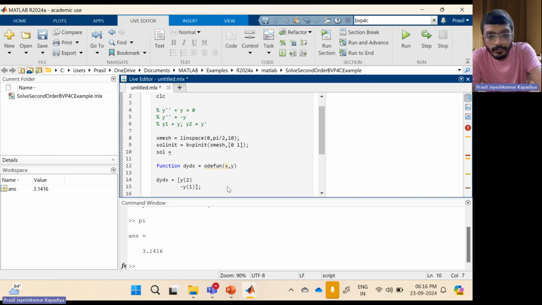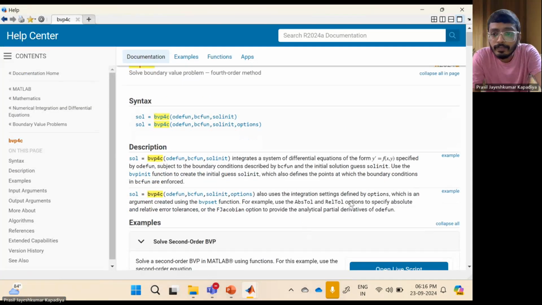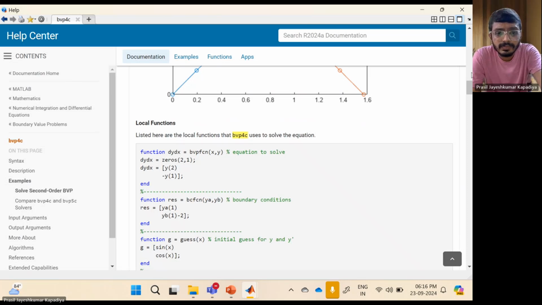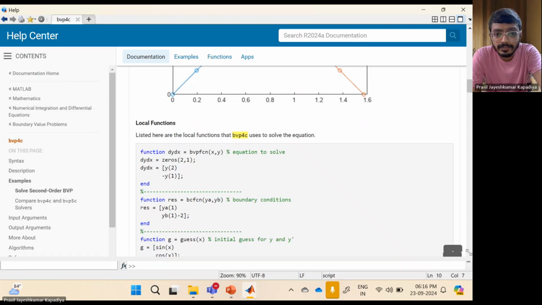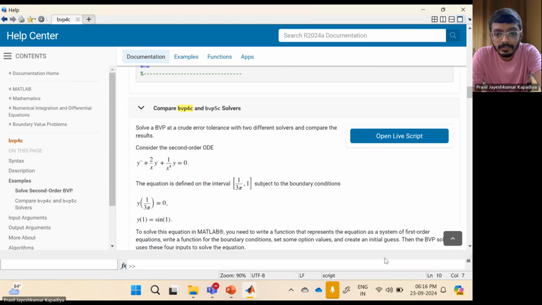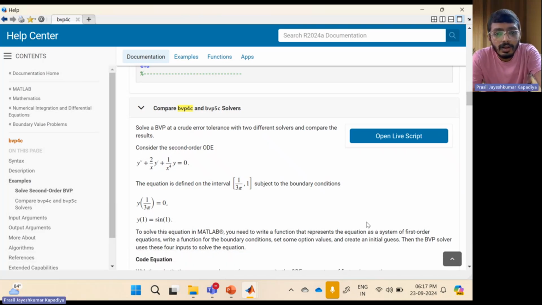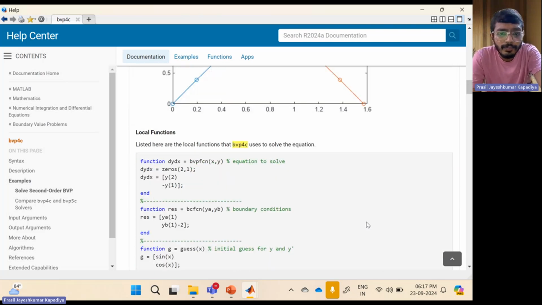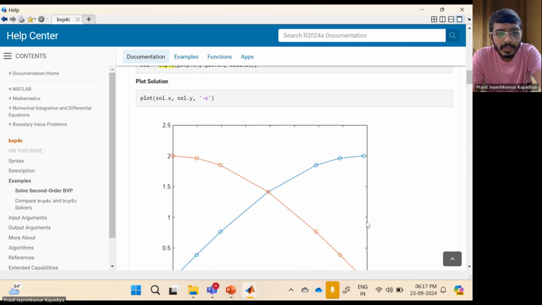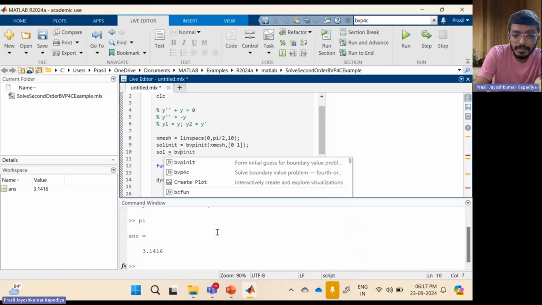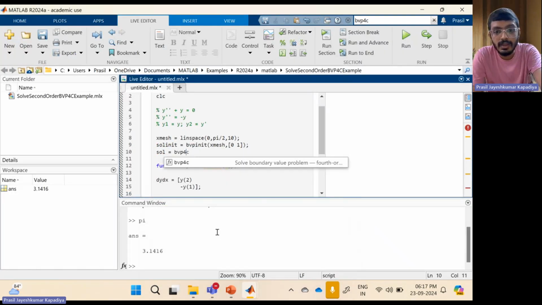Solution is equal to bvp4c. So see, it solves the boundary value problem with a fourth order method.